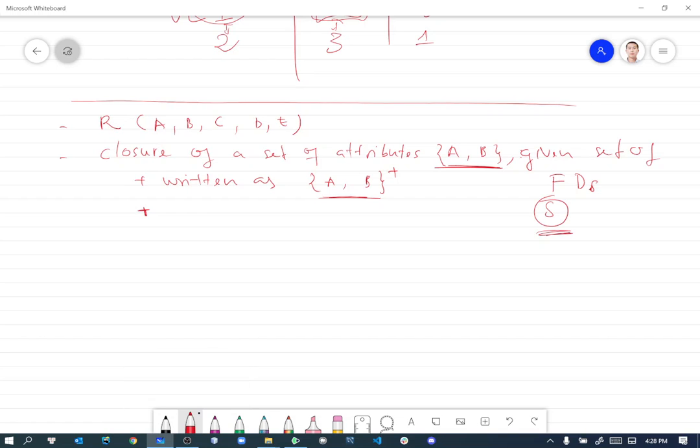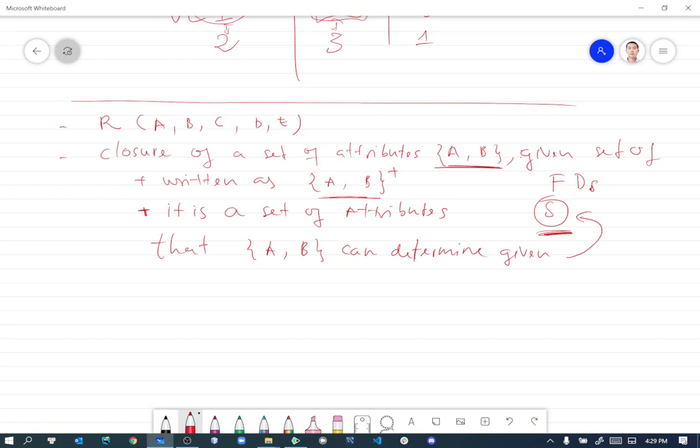I won't tell you that set of functional dependencies S until later. But it is written as AB+, and it means a set of attributes, again a set of attributes, that A and B can determine, given S. This is very important, because it has a set of attributes and another set of attributes, so it may be confusing for students.